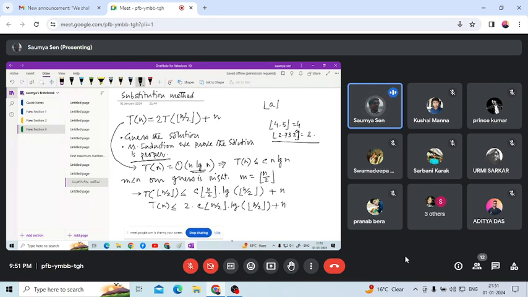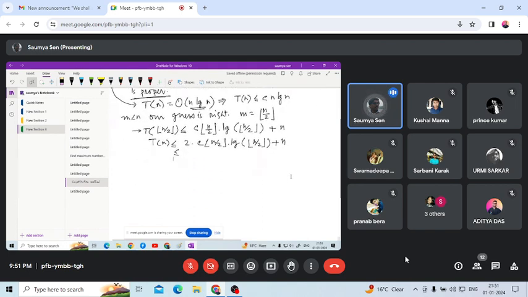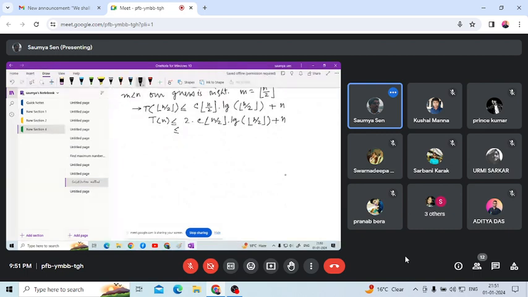This is basically less than or equal to, we do a little bit of mathematical thing. Cn Lg n by 2 minus, sorry, it is plus n.